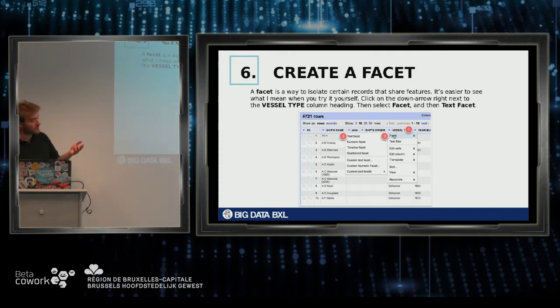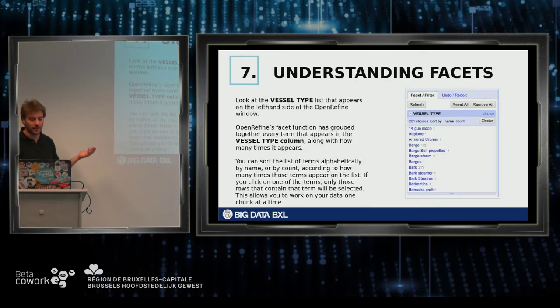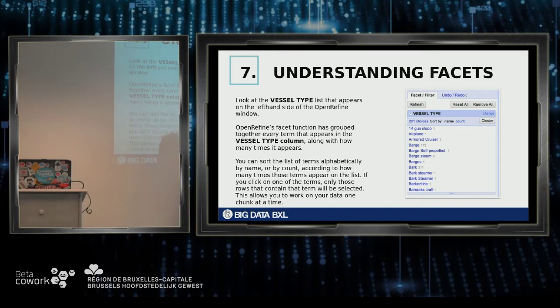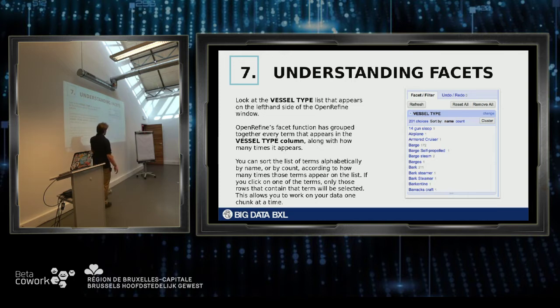And this is going to tell you, here's all the possible values of that column. So you see all of these things. And you also see next to it the number of times it shows up. So barge is very common. This only happens once. There's an airplane in there. Weird stuff does happen very often in any kind of data set.